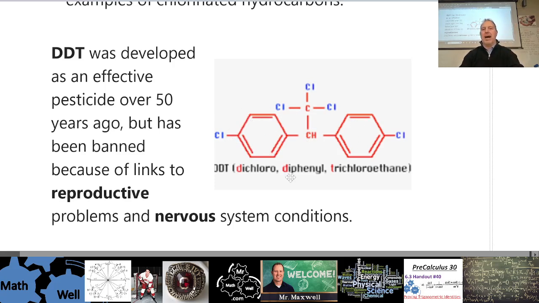So this is biphenyl, or in this case diphenyl. So dichloro, so there's the two chlorines on the side. Diphenyl, this is a phenyl group here. Trichloro, there's the three chlorines. Ethane, so ethane is an organic molecule with two carbons in length, a two carbon chain. So that's what this molecule is called, dichloro diphenyl trichloroethane, DDT.